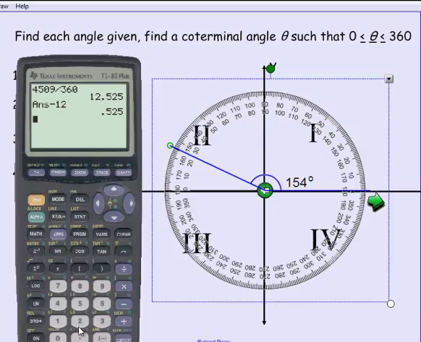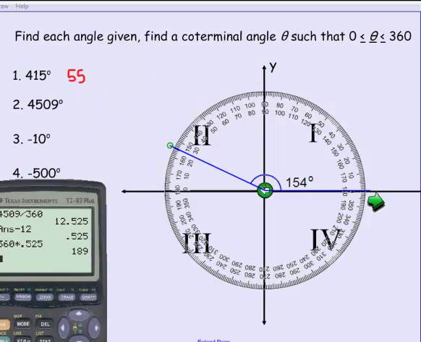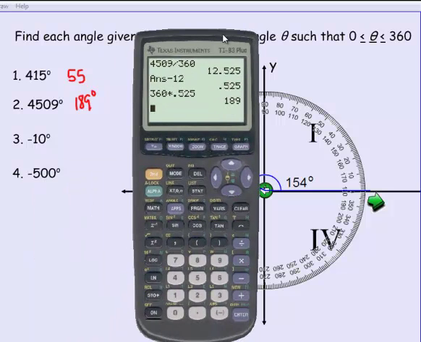So let's just do this. Since my full circle is 360, I'm going to multiply it by 52.5%. 189. Awesome. Nice calculator. So 189 degrees is the same as saying 4,509 degrees.